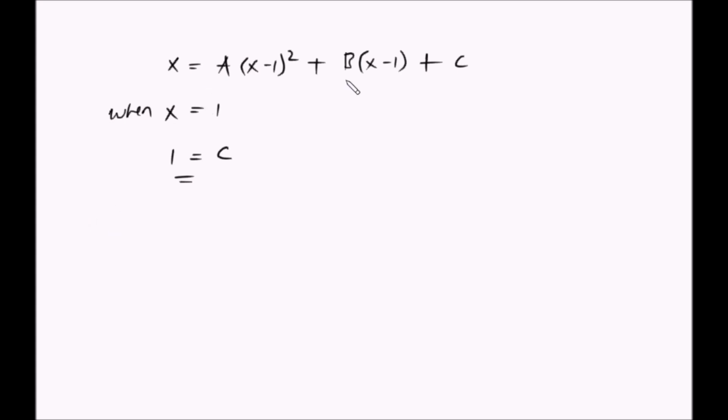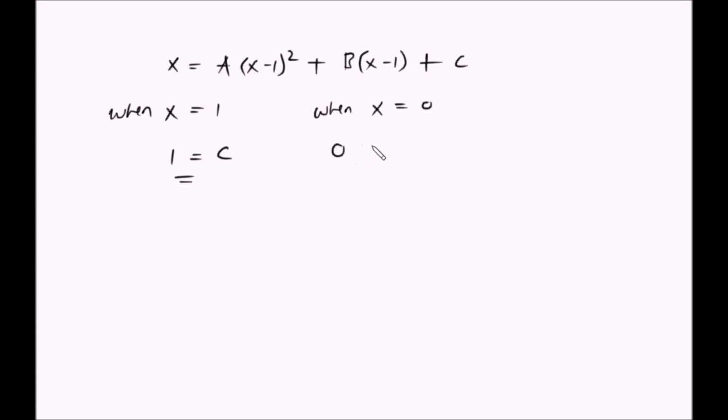Sasa kupata a na b now, tufanyaje? Katika value yoyote tu, hatuwezi kueliminate c this time, wala hawezi kueliminate b na c upate a, na hawezi kueliminate a na c upate b. So itabidi tu utengeneze kama simultaneous equation fulani hivi. So tuweke value yoyote ya x. Okay, tufanye labda 0.